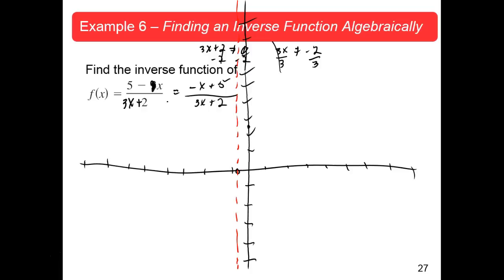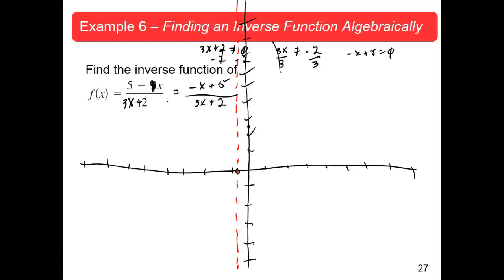Pretty obvious thing. For this to be 0, it doesn't matter what the denominator is, that numerator would have to be 0. So let's do that. The numerator, which is minus x plus 5, is equal to 0. How would you solve that equation?